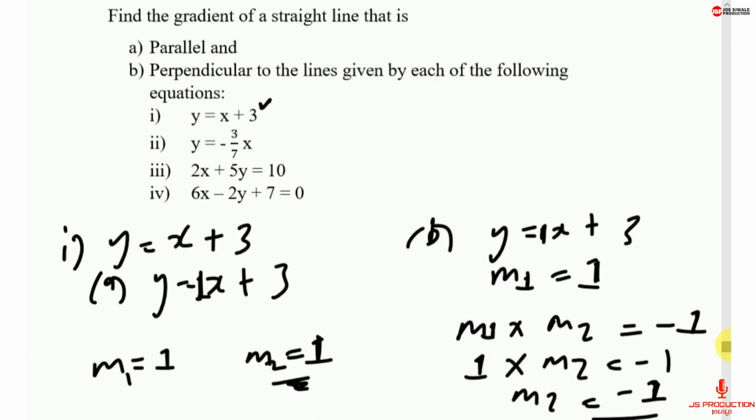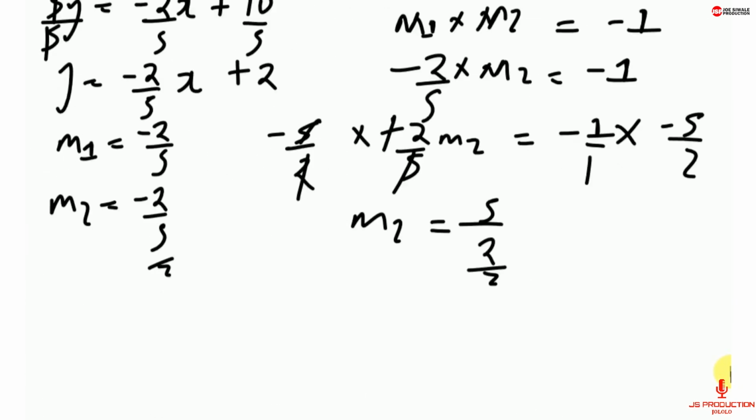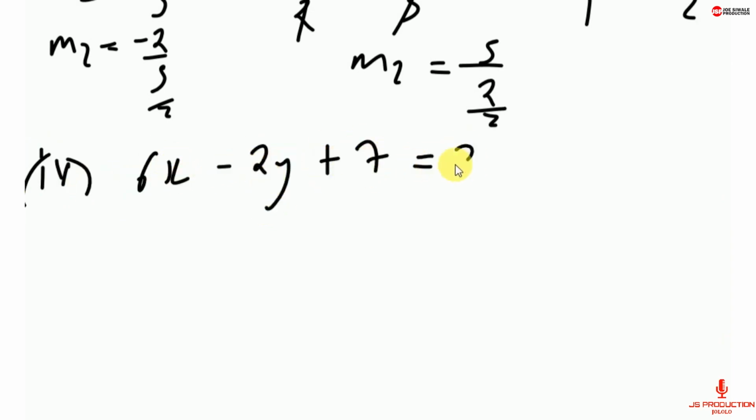Let us look at Roman numeral 4. So I have 6x minus 2y plus 7 is equal to 0. As you can see, this equation is not in our standard form, which is y is equal to mx plus c.